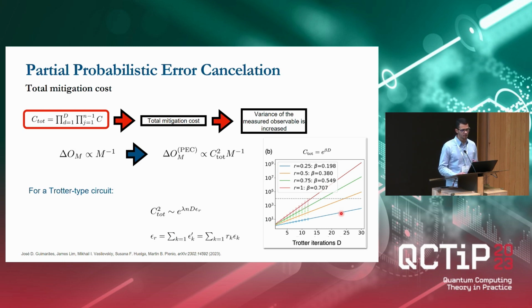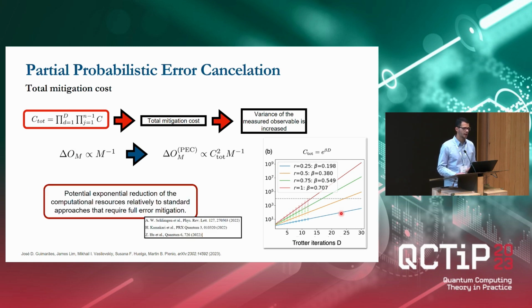And this exponential decrease of quantum circuits that we can have for a particular open quantum system model is what we mean by having a potential exponential reduction of these computation resources in the form of a classical overhead, which means in the form of the number of executed circuits, relatively to standard approaches that require full error mitigation. So, which means that R equals 1.